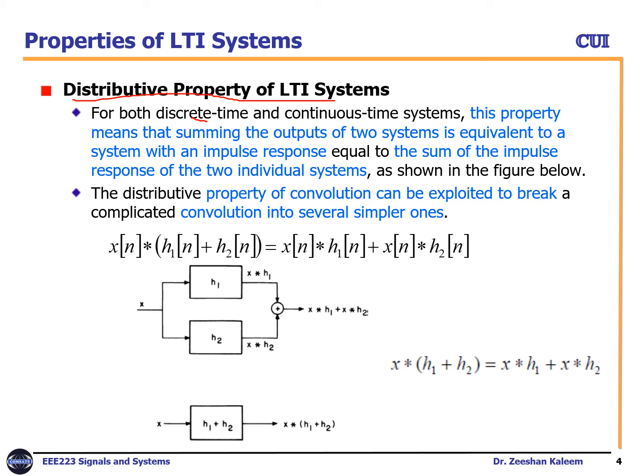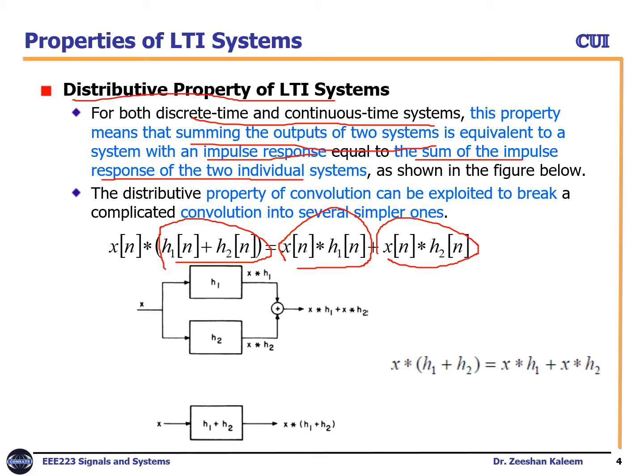For both discrete and continuous time systems, this property means that summing the outputs of two systems is equivalent to a system with an impulse response equal to the sum of the impulse responses of the two individual systems. For example, x[n] * h1[n] plus x[n] * h2[n].